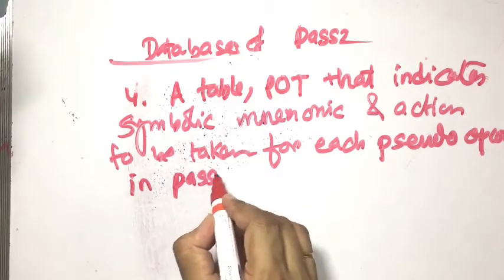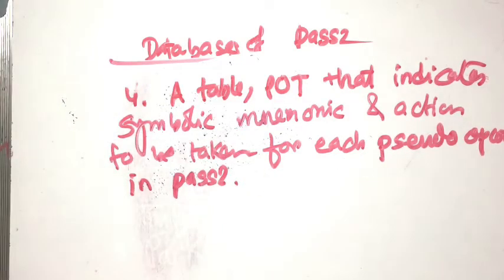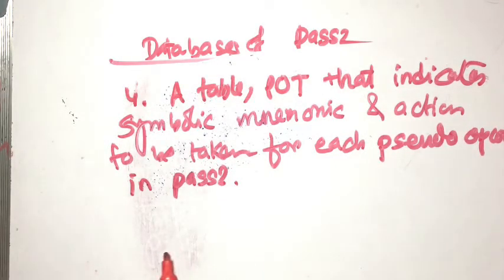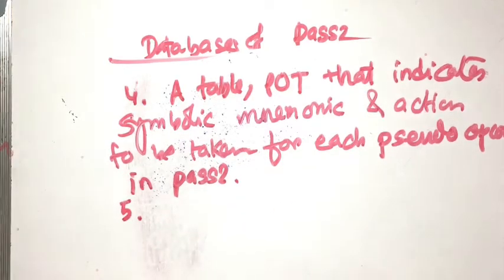This table is very useful in pass1 as well, and these are the fixed tables, POT and MOT. This is the fourth one.